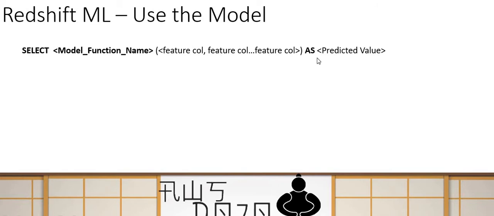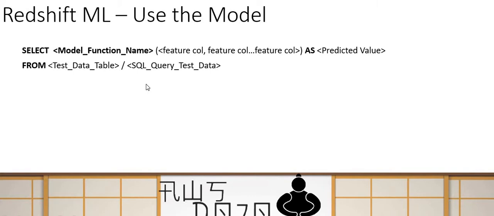So you simply say select function name, then you pass the feature columns here, and then you say, okay, this value I'm going to use as some predicted value with some field name, for instance customer churn, or product sales forecast, or insurance risk forecast, and those kinds of things. And then you have to mention where the data is coming from. If you have created separate tables for test and training data, then you provide your test data table name over here.